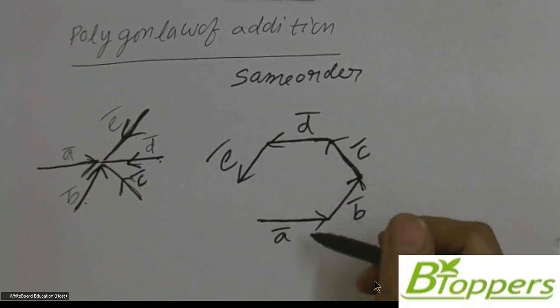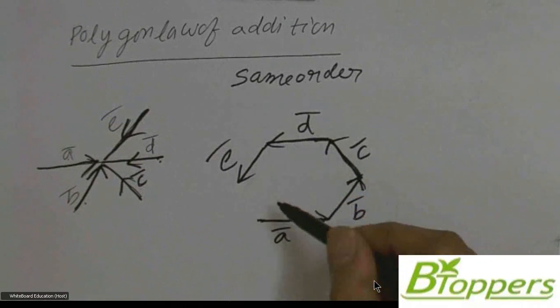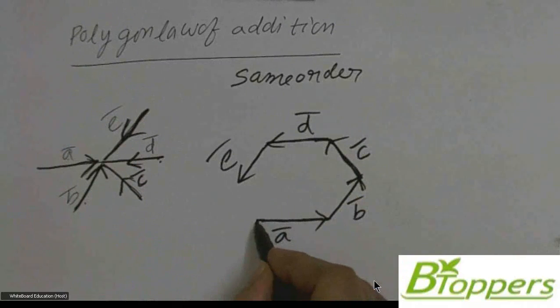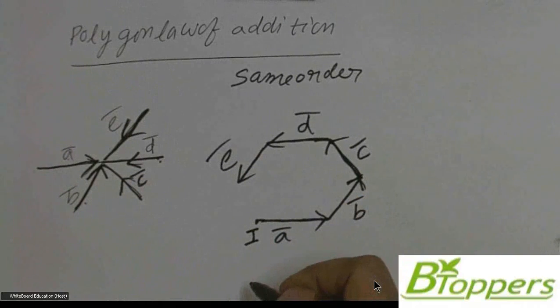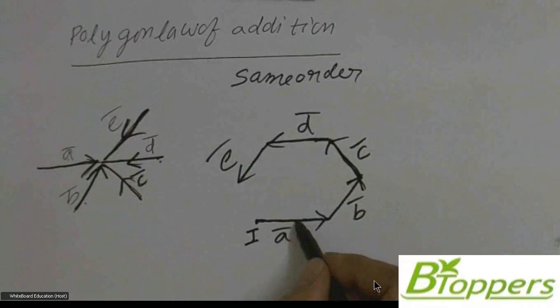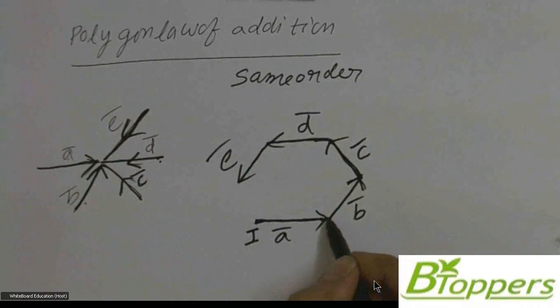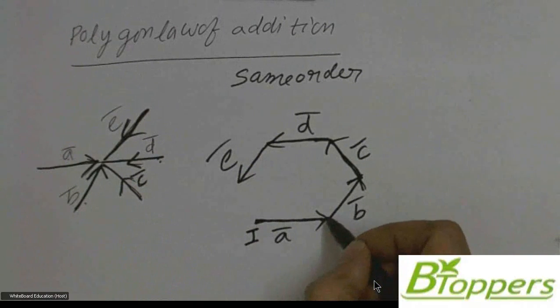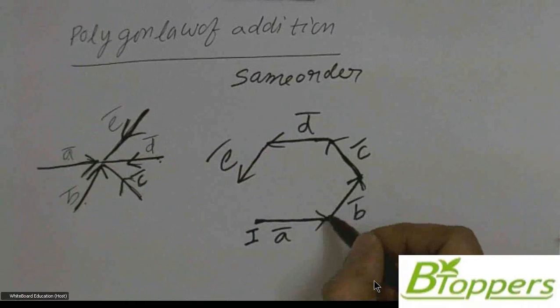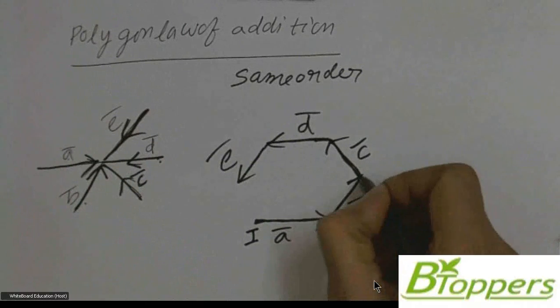Let us suppose these five vectors represent five displacements given to a particle successively, one after another. This is the initial position of the particle, denoted by capital I. That means the particle moves along this line from this point to this point. So A bar represents the first displacement given to the particle. Let B bar denote the second displacement, so that it is displaced from here to here.